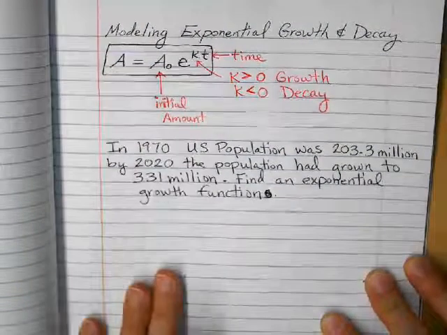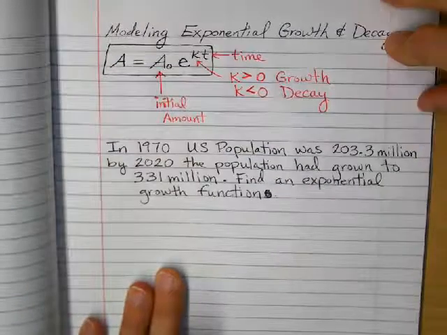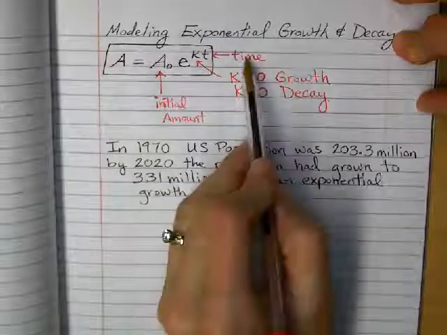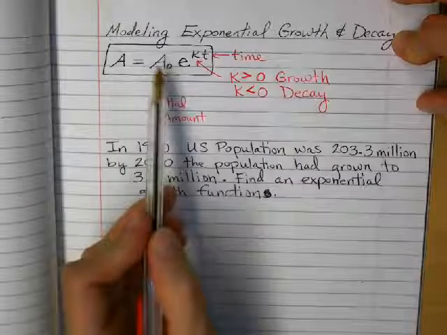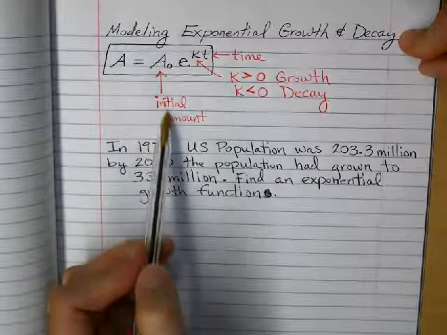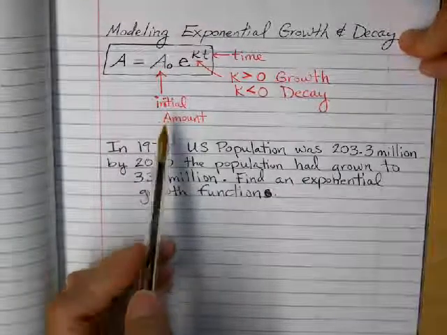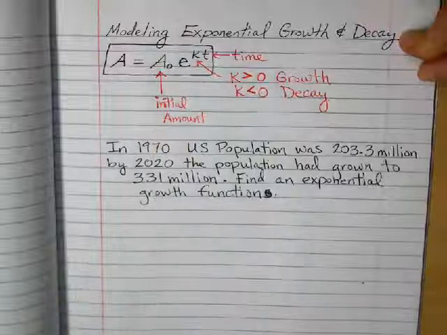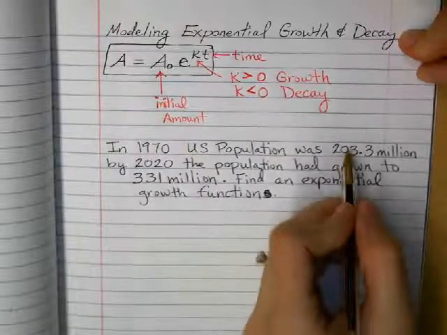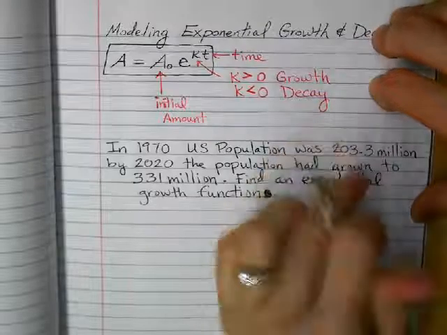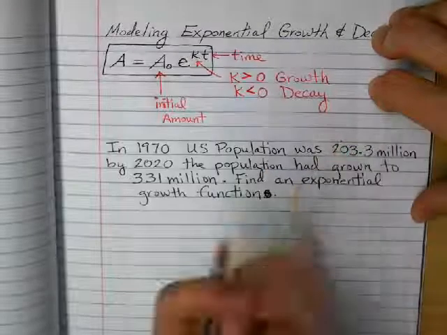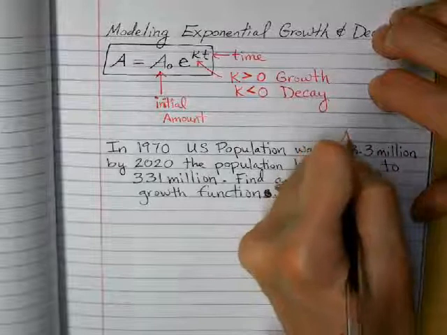So what do you think? Maybe you could figure out some of these that I've labeled in red. What do you think we could put for the initial amount? Yeah, they're telling you, back a long time ago, the population was 203.3 million. So that's your initial amount, like we're starting there in this scenario. That's right, so that's like A sub 0 in the formula.